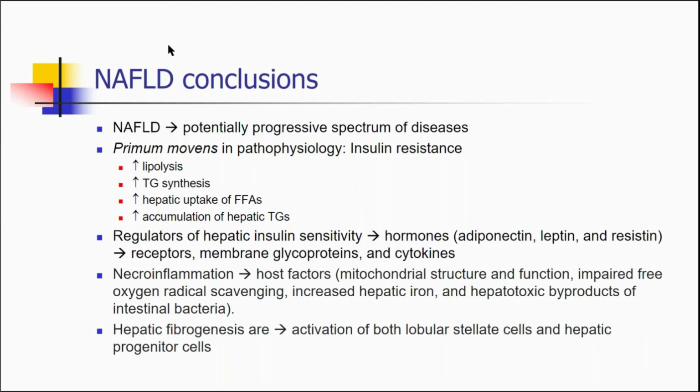The necroinflammatory process is the more worrisome step and is also due to host factors and partly genetic factors, decreased antioxidant response. Maybe iron is important, and further hepatotoxic byproducts of intestinal bacteria and dysbiosis might be important. The last step might also involve hepatic fibrogenesis and activation of lobular stellate cells and hepatic progenitor cells.